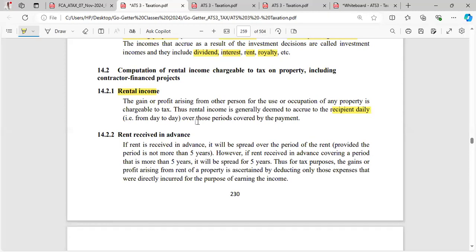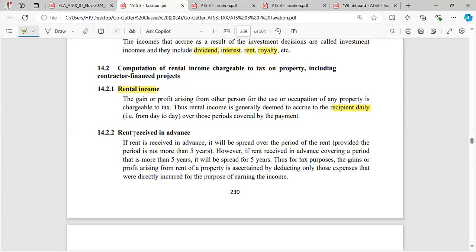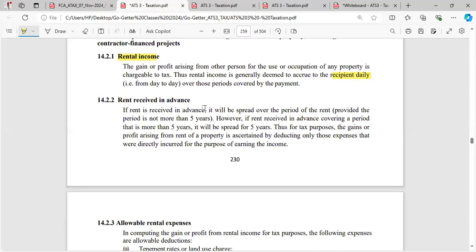Now, most times you pay your rent in advance, isn't it? The landlord will say you will pay for 1 year or you pay for 2 years. It is payment in advance. Assuming you are the landlord and your tenant pays you rent in advance, if rent is received in advance, it is still an income. It will be spread over the period of the rent.